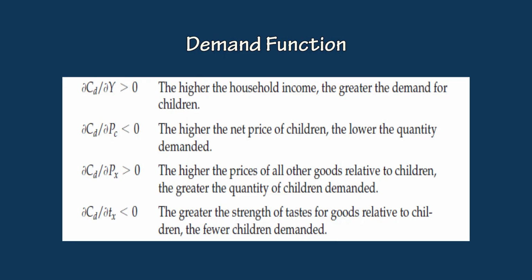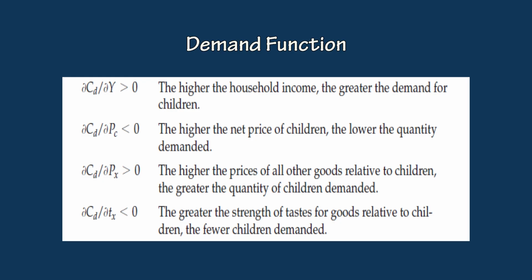Using derivatives, we can say that del CD by del Y is greater than 0, which is a direct relationship. It means if income rises, demand for children also increases. Del CD by del PC is less than 0, meaning that as the cost of raising children increases, demand for children decreases.